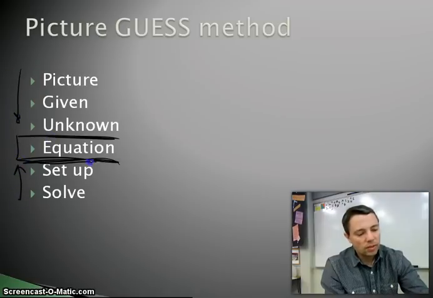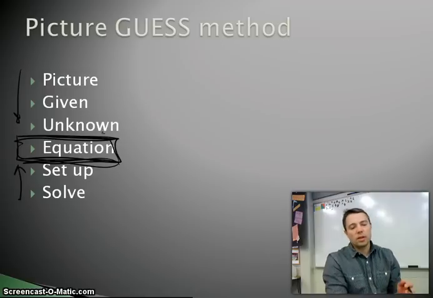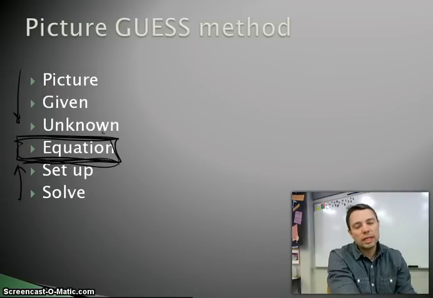It's really this step right here, getting to that equation, that requires us to do the thinking. That's the hard part. But once we have it, it's not too bad.